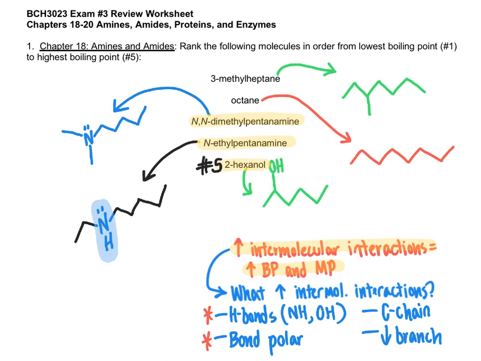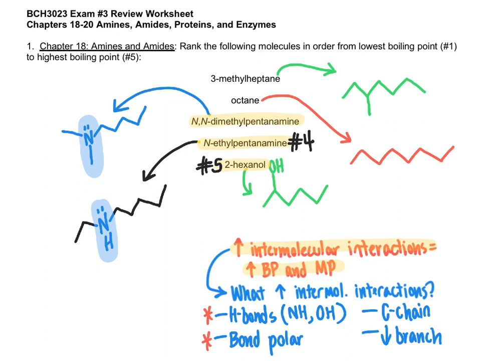In the other case, we have, in place of that hydrogen atom, a methyl group. So as a result, we're going to see that the N-ethylpentanamine is a more polar compound, and it's also more capable of hydrogen bonding because it has that hydrogen atom directly bonded to the nitrogen. So it can act as both a hydrogen bond donor and a hydrogen bond acceptor. As a result, we're going to plug it in at number 4 on our list here of going from lowest boiling point to highest boiling point.